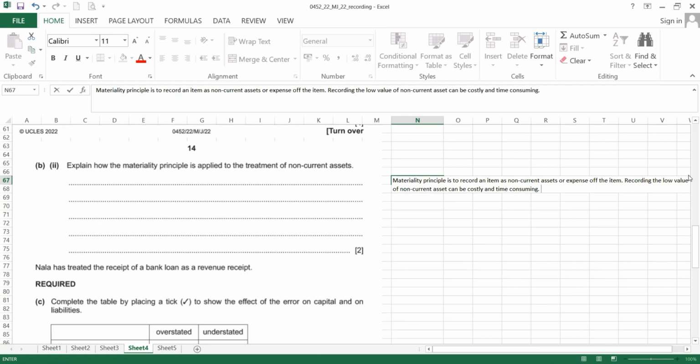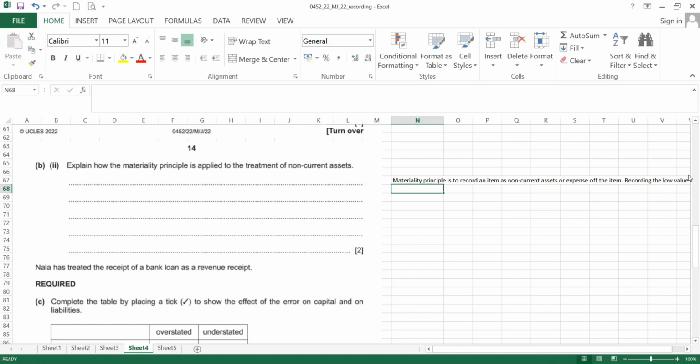Items which do not give significant impact to profit would be recognized as expenses rather than non-current assets.